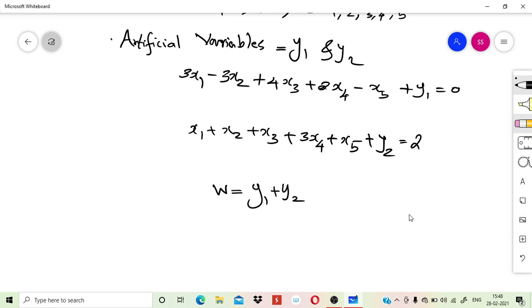Our problem now got transformed like this.